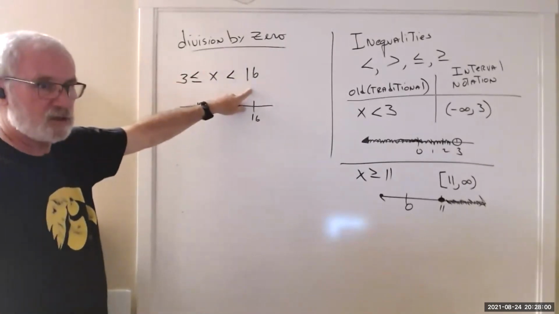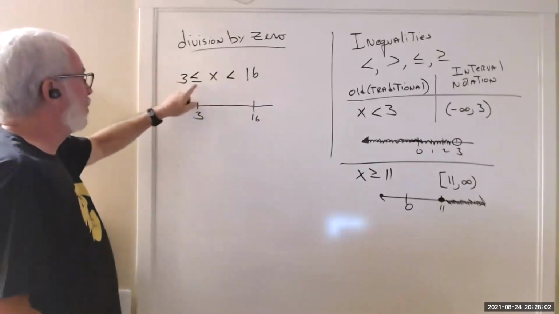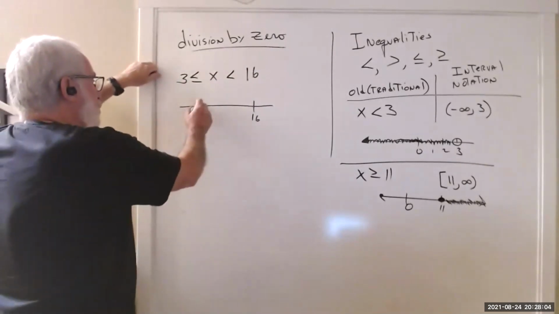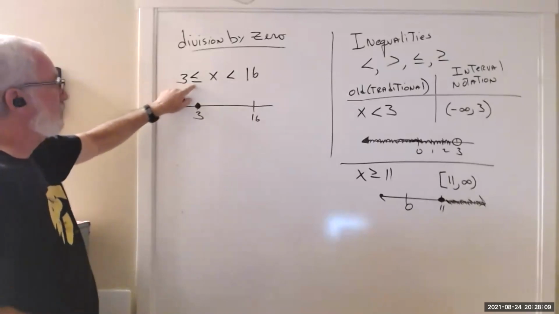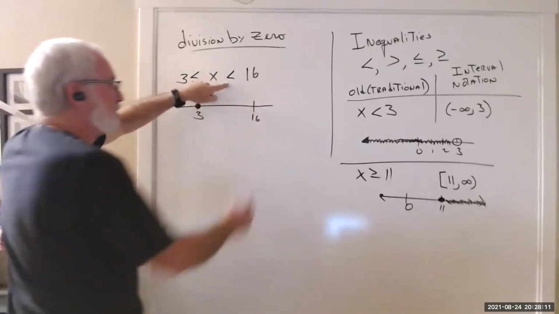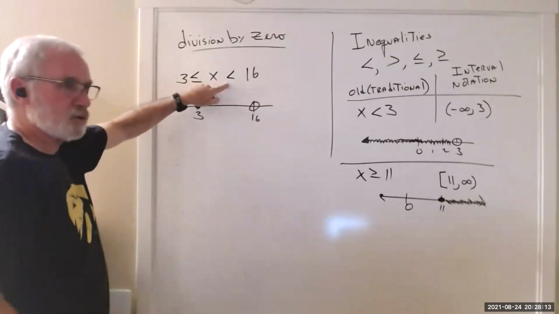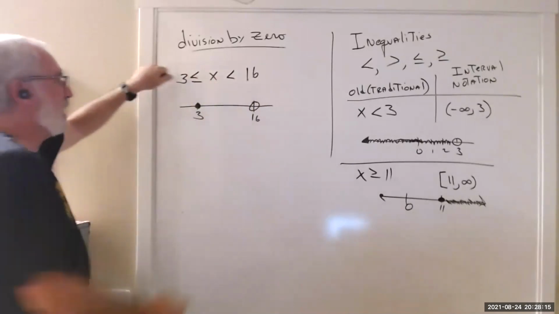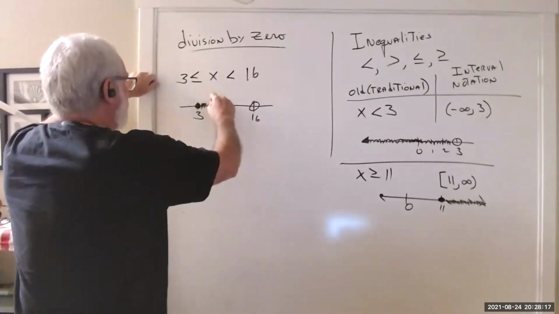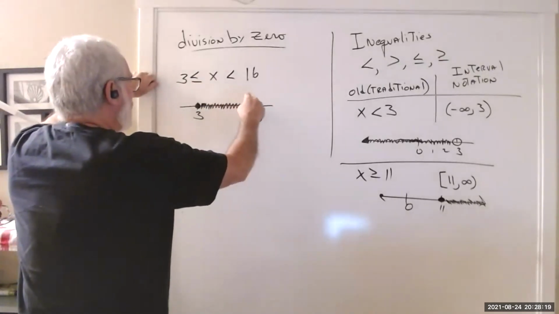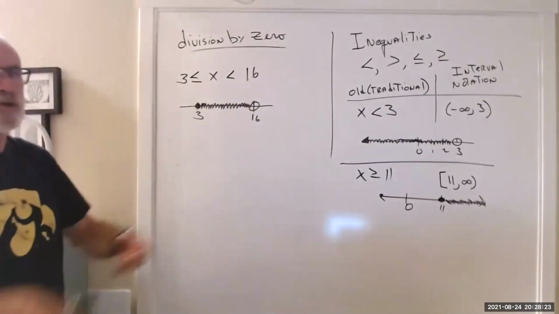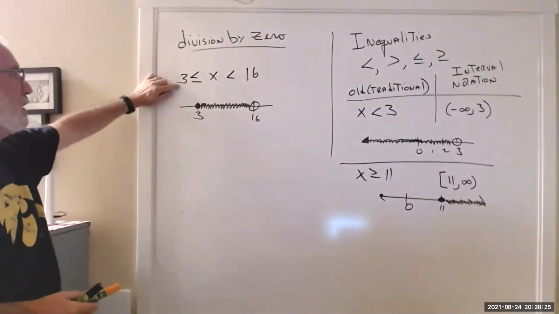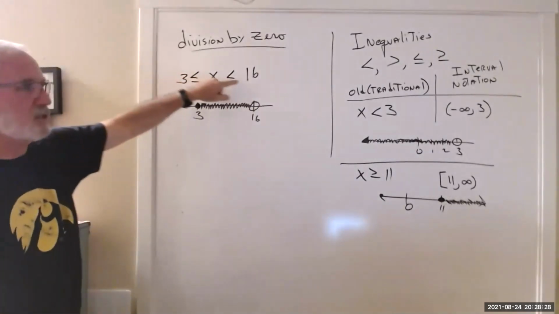That's what it says. But it can equal 3. So this would be a solid dot on the 3. Equals 3. Can't equal the 16. Open circle on the 16. And X is everything in between. Shading in between. So, old traditional way, 3 is less than or equal to X, which is less than 16.